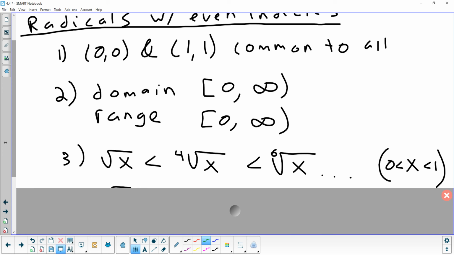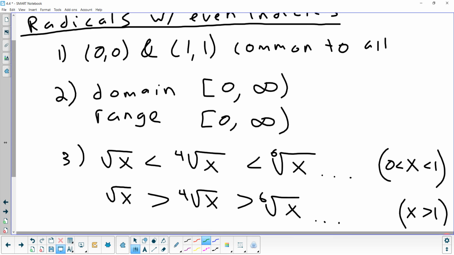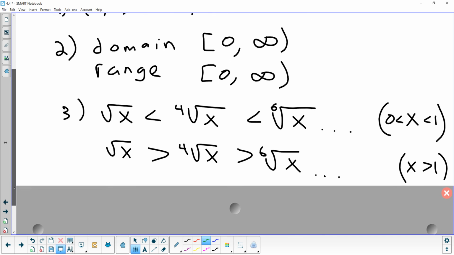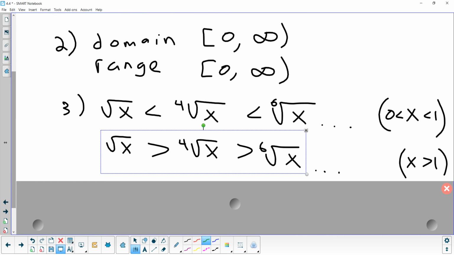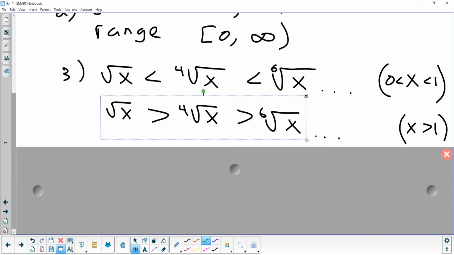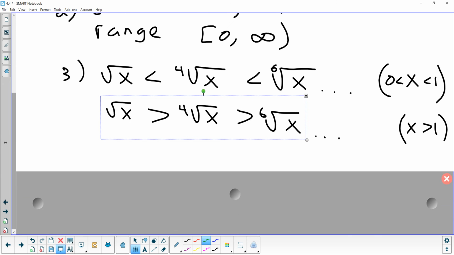Now, when you switch that and start to look at values that are greater than 1, everything switches. For values greater than 1, the square root will be on top of the 4th root, which is on top of the 6th root. And that pretty much summarizes the behavior of even roots.